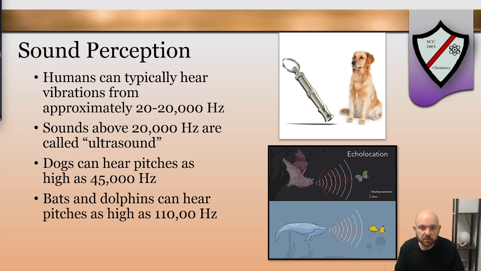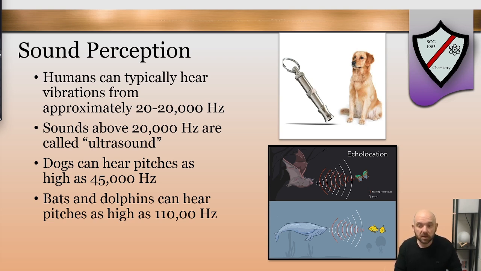Just for some fun information, dogs, we all know, can hear much higher ranges than humans can. In fact, they can hear sounds up to about 45,000 hertz. And so your classic dog whistle generally generates whistling noises in the range of 30 to 40,000 hertz. That's why humans can blow on them, never hear them, but your furry friend can.